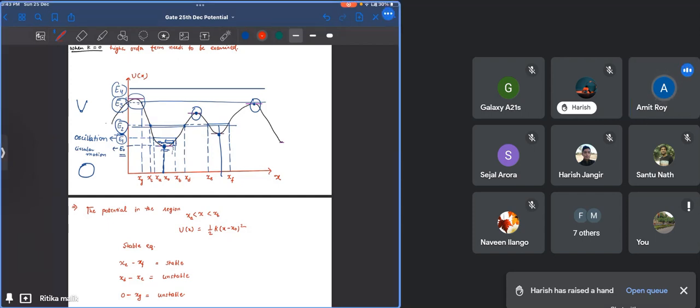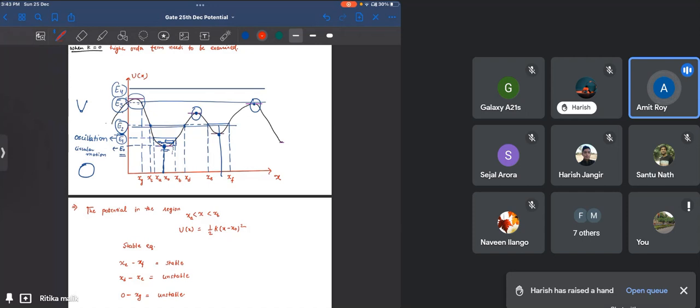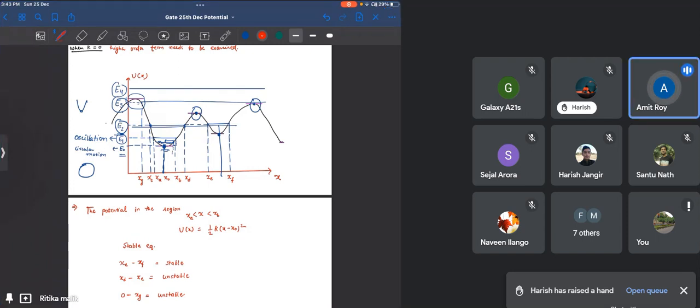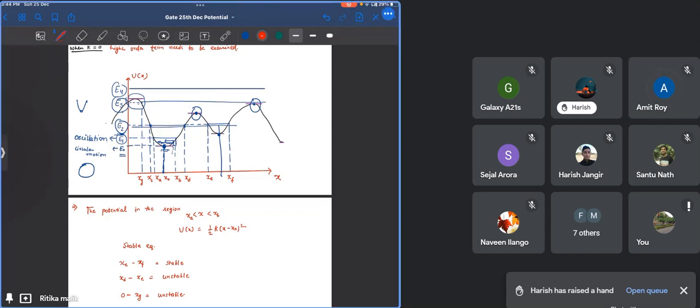If at t equals 0 the particle is in the first well, is there any probability that at any time after that the particle can be found in the other well also, with energy E0? No, with energy E2 you have the probability that you can find the particle in the second well, but with energy E0, it is not possible.